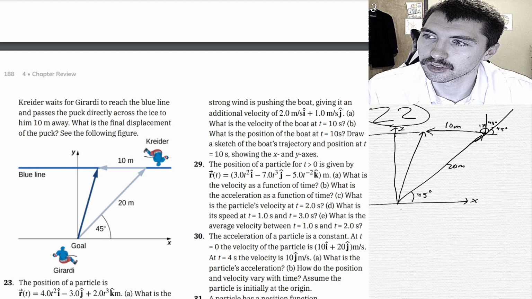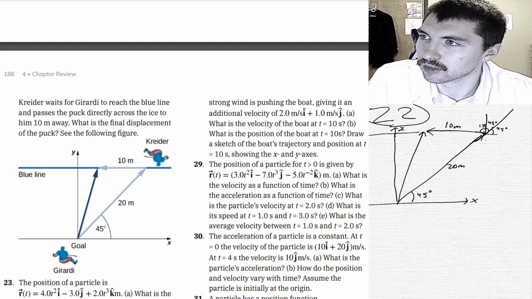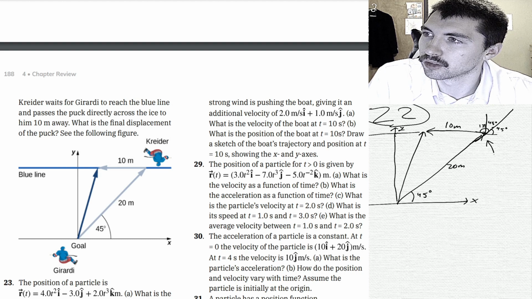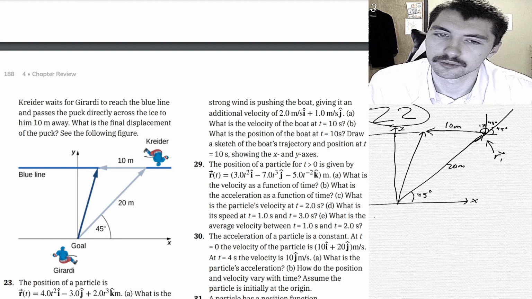So the first thing we're going to find, we're going to say this point is R1.